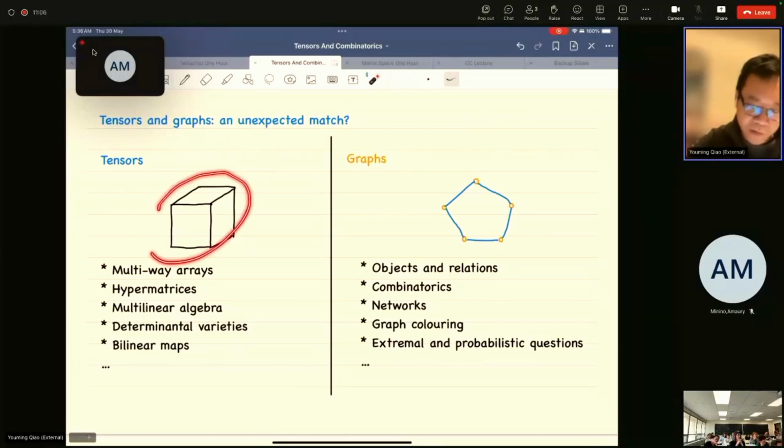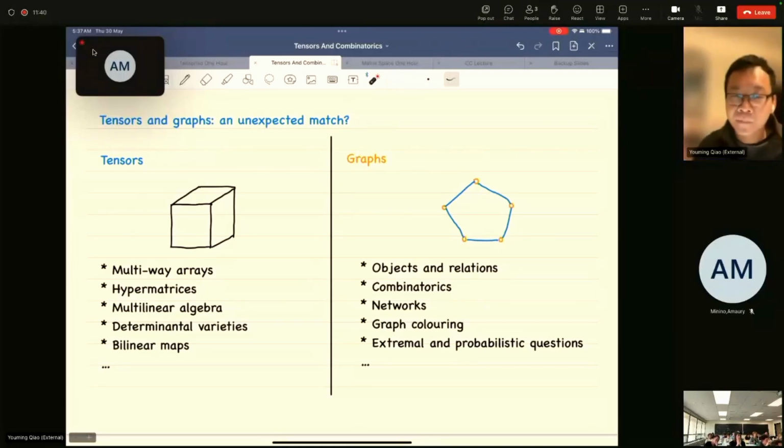It's just a cube with a few numbers within it. Sometimes they're called multi-way arrays or hypermatrices, and of course they record multilinear algebraic structure. In the morning, you'll probably see a connection with determinant varieties, which is more like algebraic geometry, and also bilinear maps, which is more algebra. So those are some of the items you will think about when you talk about tensors.